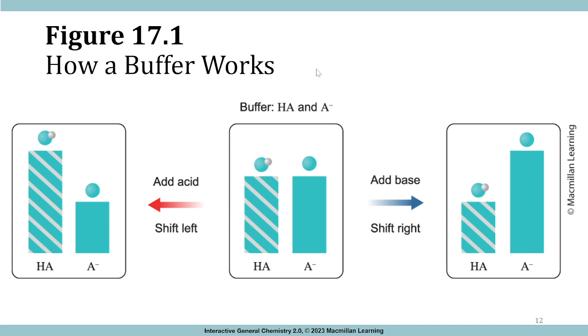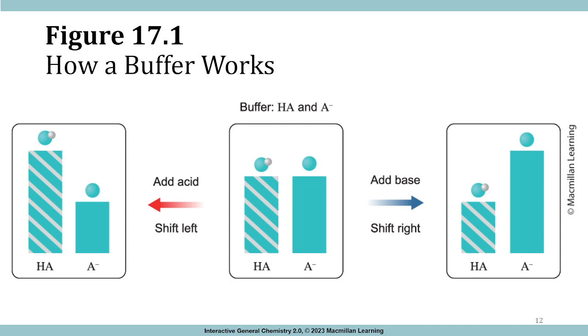Now remember, which exactly of these is our conjugate? It doesn't actually matter, does it? If we have a weak base, it'd be the conjugate acid, but the conjugate acid of a weak base is a weak acid. And the conjugate base of a weak acid is a weak base, isn't it?